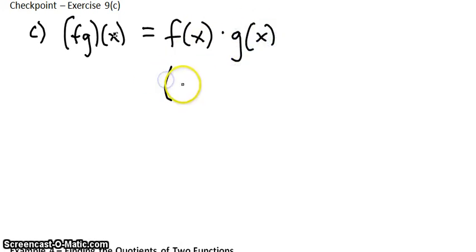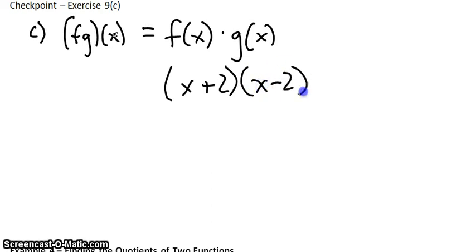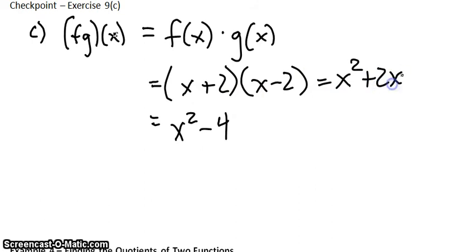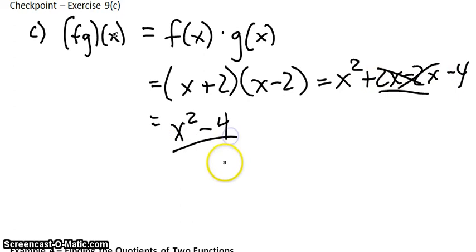I'm going to take x plus 2 and multiply it by x minus 2, which is going to give me x squared minus 4. If I do all the multiplications, that's x squared plus 2x minus 2x minus 4. These two cancel each other out. So here's my function when I multiply them together.